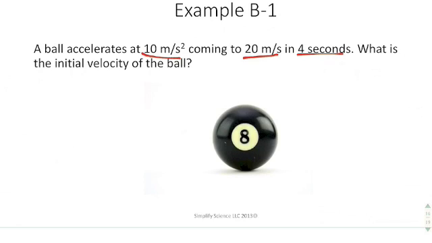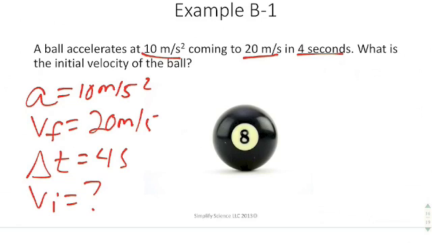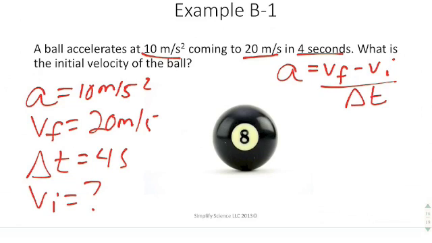If we look at the information given to us, we're given an acceleration of 10 meters per second squared, a final velocity of 20 meters per second, and the time as 4 seconds, and we're asked to solve for VI. Our equation is A equals VF minus VI over delta T, or 10 equals 20 minus VI divided by 4.